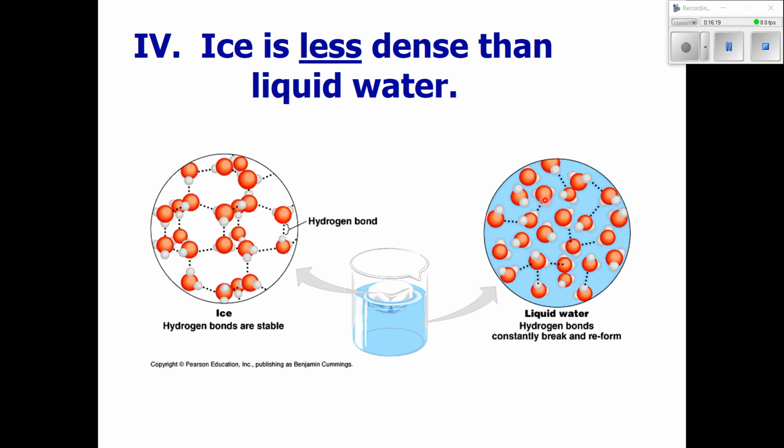So the colder the water gets, the more dense it gets. The water molecules actually get closer together as the water gets colder, until you reach a really cold temperature of 4 degrees Celsius. 4 degrees Celsius is sort of the magic number when the water molecules are as close together as they can physically get.